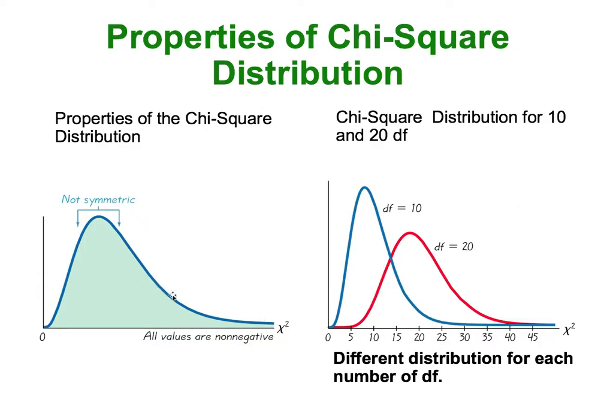We don't know what the degrees of freedom are here, but we can see that degrees of freedom change the shape. The larger sample size draws the distribution more and more normal.